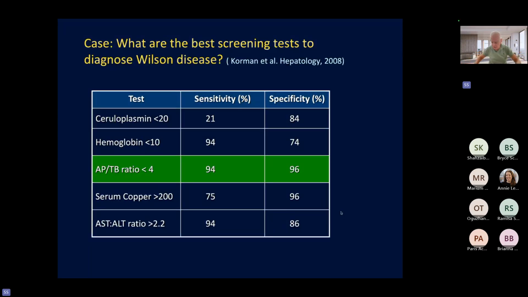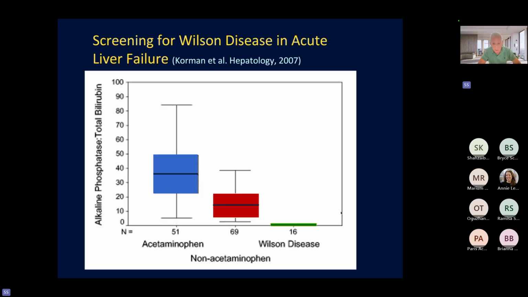So again, if the alkaline phosphatase to total bilirubin ratio is less than 4, the patient most likely has Wilson disease, and it's shown here. It's one of the few diagrams I keep putting up because it is so impressive. These are 3 groups of patients presenting with acute liver failure. To the left is acetaminophen-related liver failure.